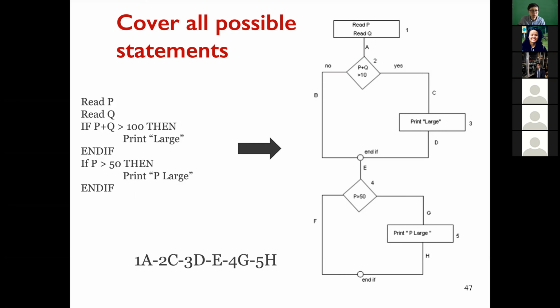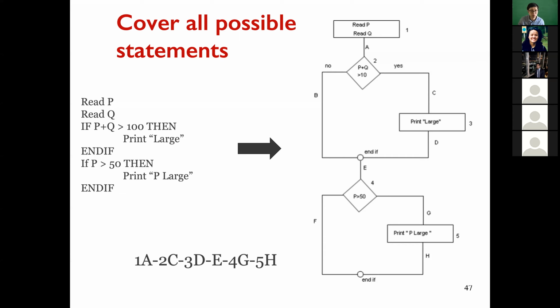If we have just one test that traverses 1A, after one we go to A, after two the decision goes to C, 2C, then 3D, E, then 4G, 5H, in this way we cover all the statements. We just need one test case to cover all the statements.